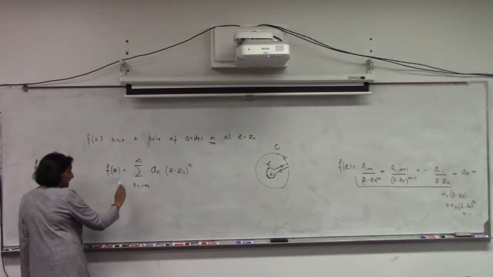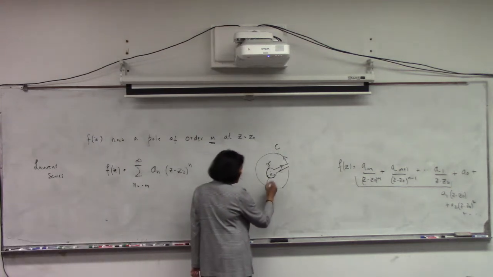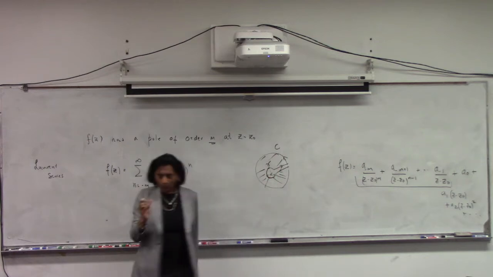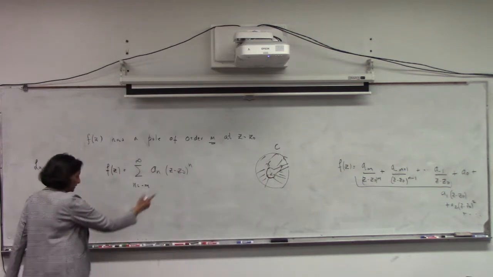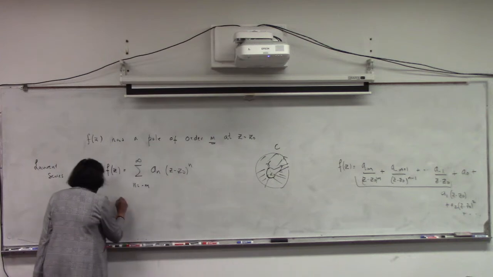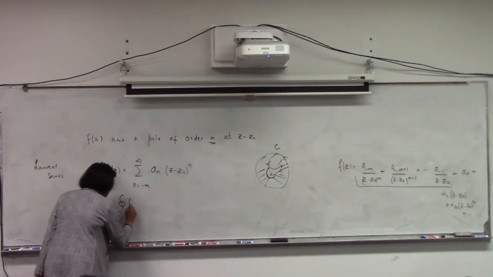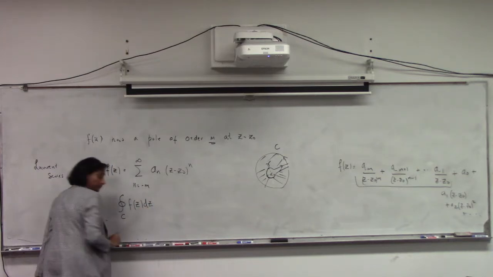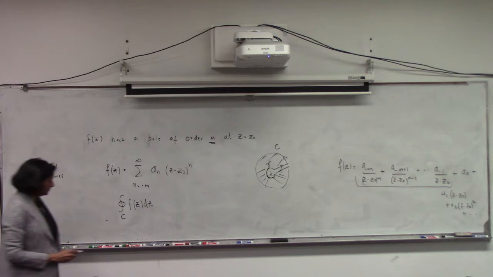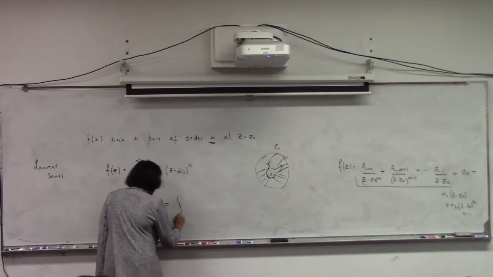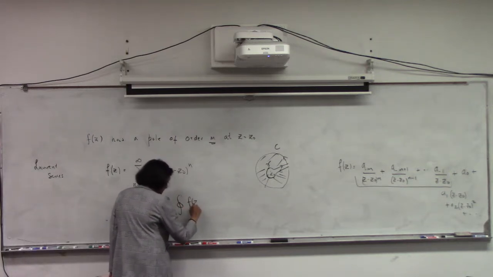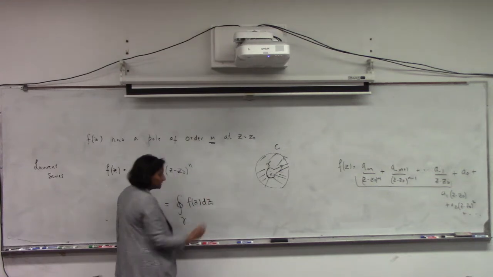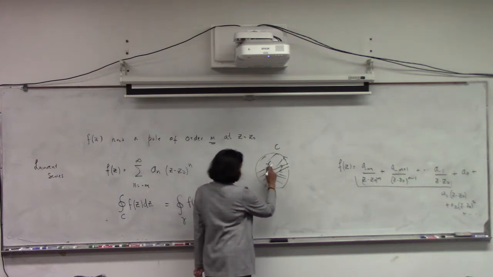In this regime, f of z is analytic because we have excluded the point where it was blowing up by drawing that circle. We said that the contour integral of f of z dz on the bigger circle is the same as the contour integral of f of z dz on the smaller circle.